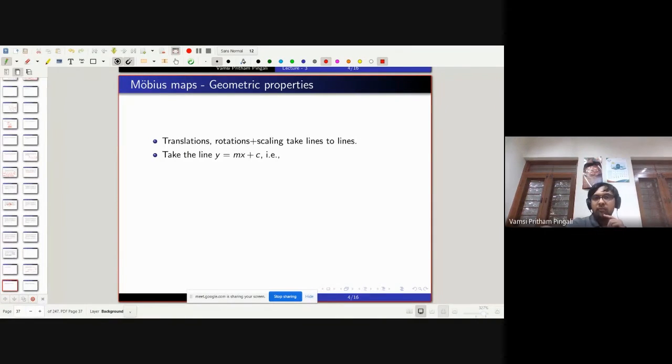What about inversions? What happens when you apply this map to a straight line? That's the question. Okay. So what is a straight line? y equals mx plus c. That represents almost all straight lines except for one, namely x equals a constant, right?